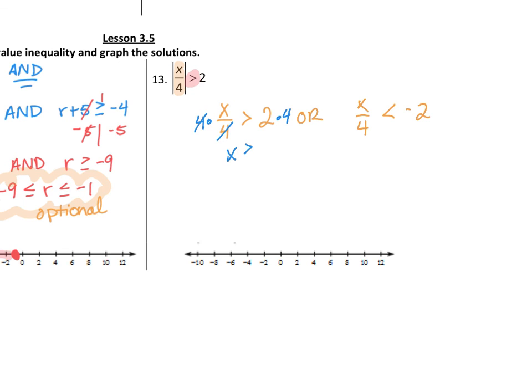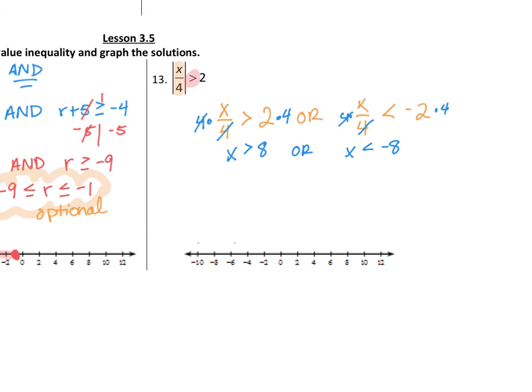X is greater than 8, or over here multiply by 4, x is less than negative 8. I originally wrote a 2, and you probably noticed, she made a mistake, where'd that 2 come from? I did mean to make this an 8.